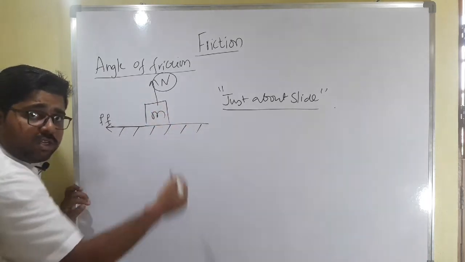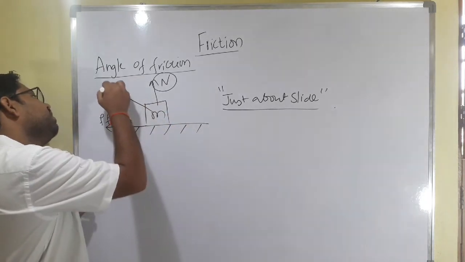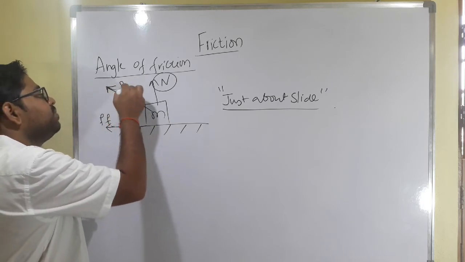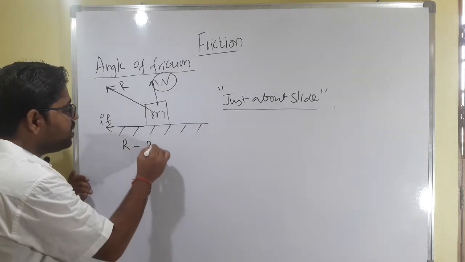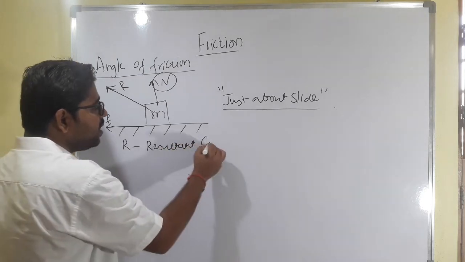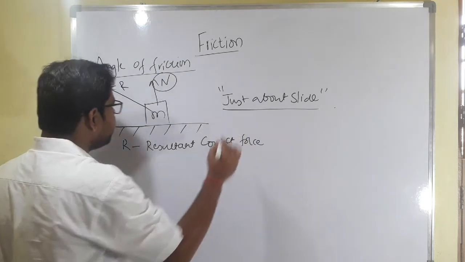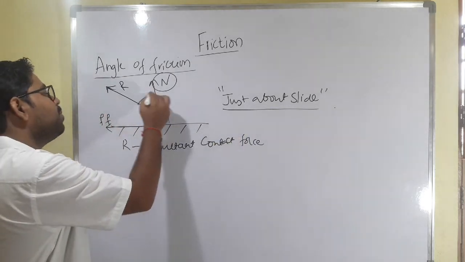Now, the resultant of these two forces comes in this particular direction, and let's call that resultant force R. R is called the resultant contact force. This R makes a certain angle with the normal reaction.